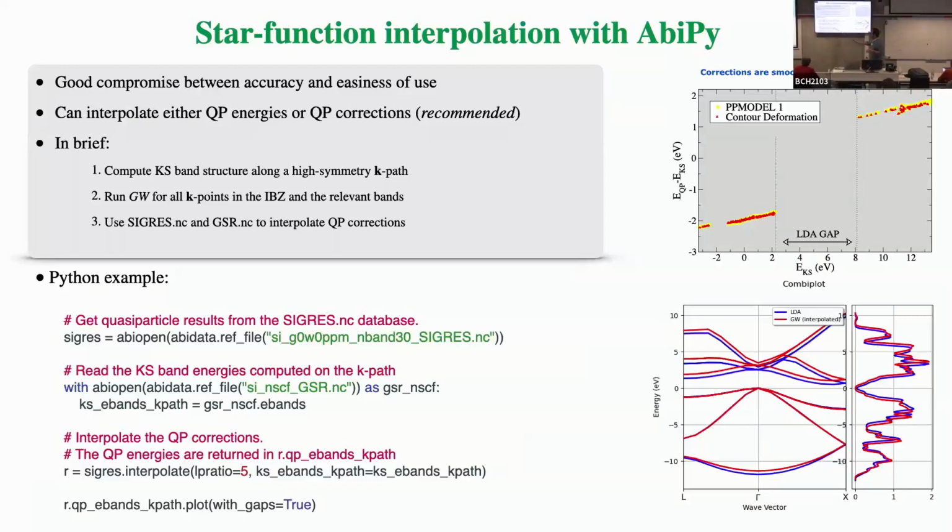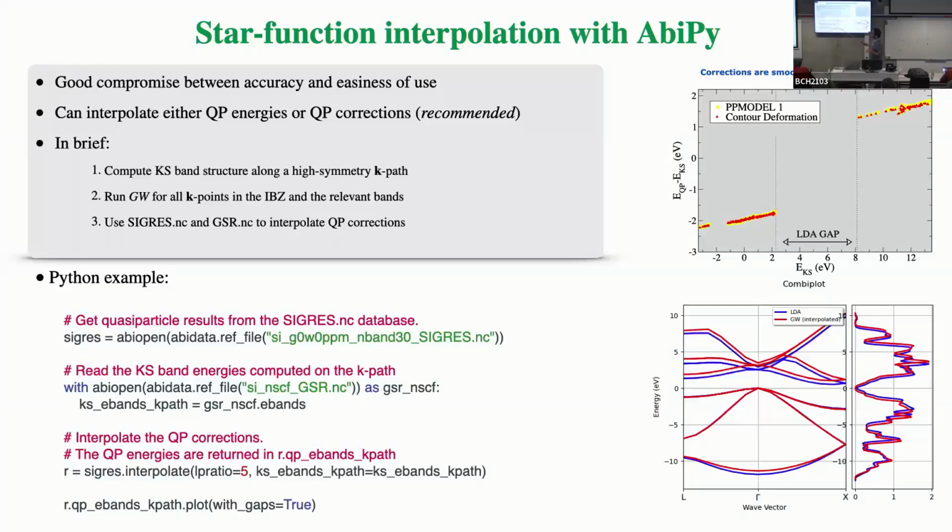We read this file, and then instead of interpolating the quasi-particle energies, we interpolate the quasi-particle corrections, the difference between quasi-particle and Kohn-Sham energies. That's the reason why we also read another file produced by the Kohn-Sham part.